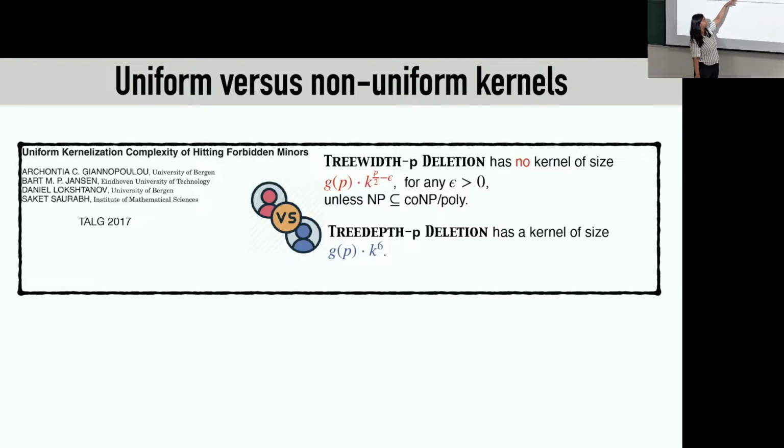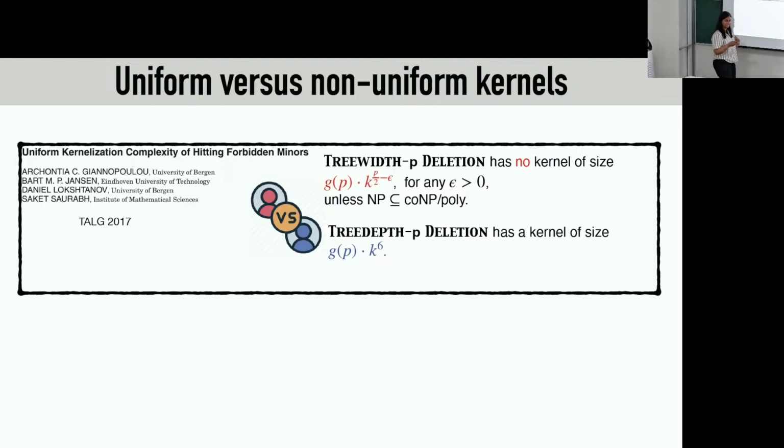This is only for the literature survey part. So treedepth-10 deletion, treedepth-100 deletion or treedepth-1000 deletion all admit a kernel of size order k to the 6. So the asymptotic size does not depend on p.